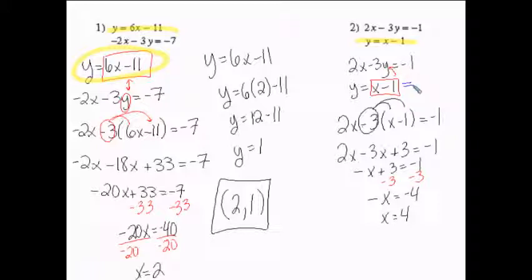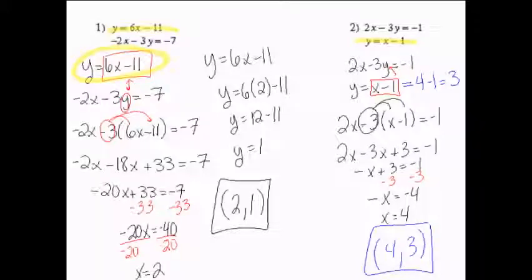And I know that y is equal to x minus 1, and x is 4, so that means y is equal to 4 minus 1, so y is equal to 3. So my answer is the pair (4, 3), (x, y).